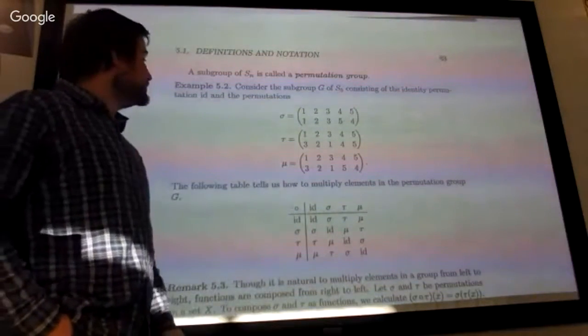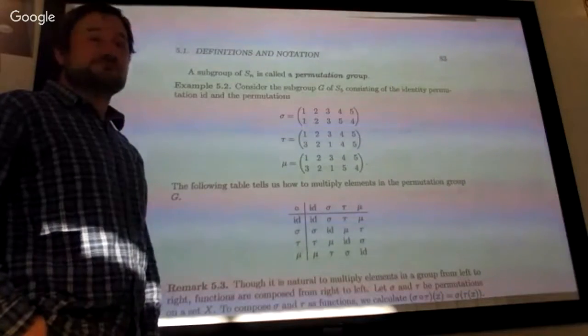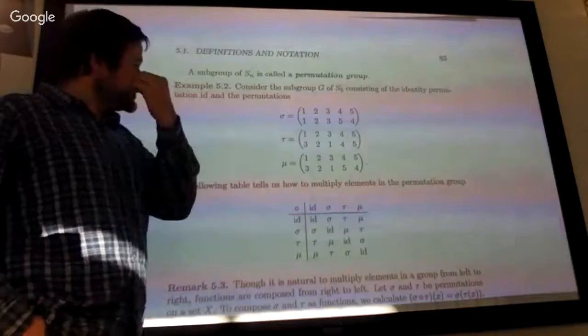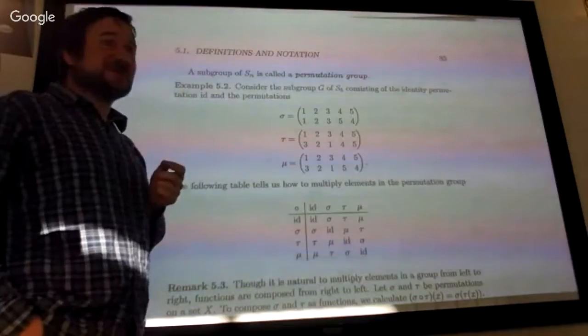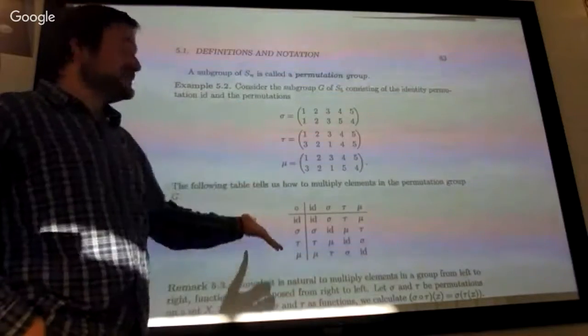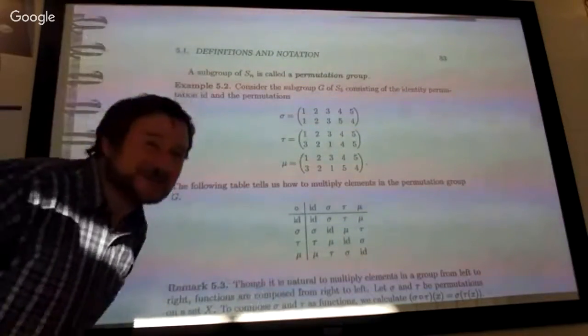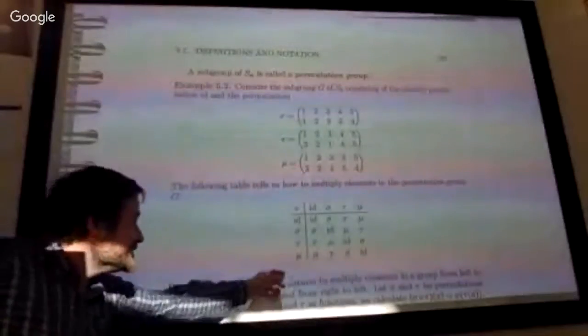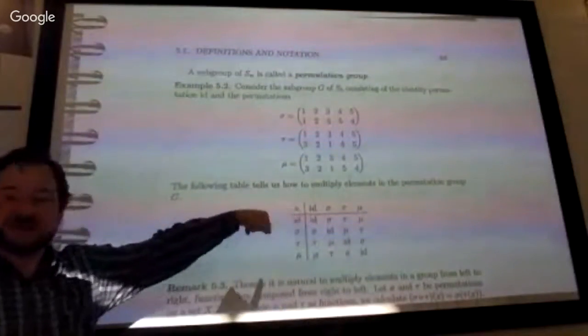So it's a subgroup of permutations. I don't know where it comes from. I should have checked where it comes from. It might be something defensible. Okay, so there's an example where there are indeed subgroups of the symmetric group. The proof is that it multiplies as in the Cayley table.